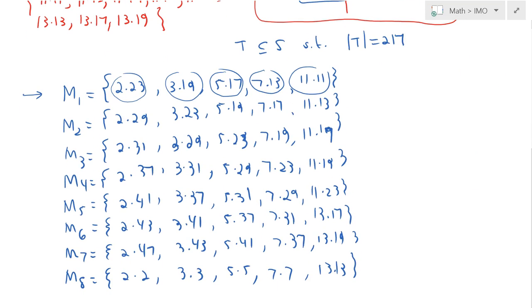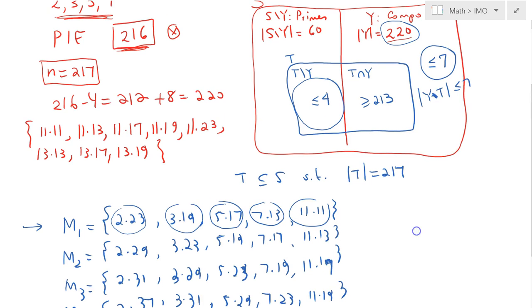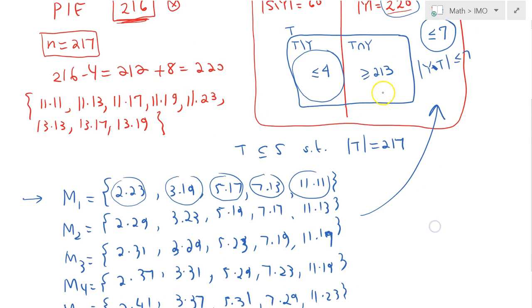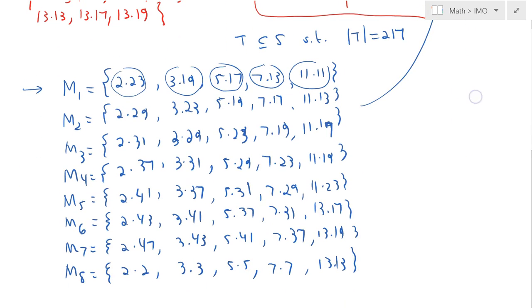So you can use at most 7 of these inside this part, meaning the rest would go inside the T intersection Y, so this side, right? So what happens is that you can pick at most one element, so you can pick at most 7 different sets.